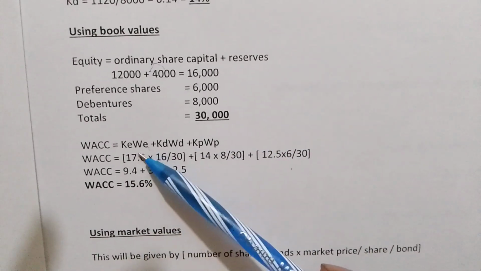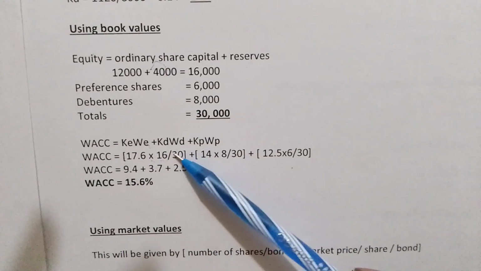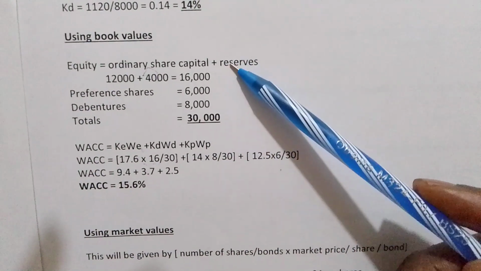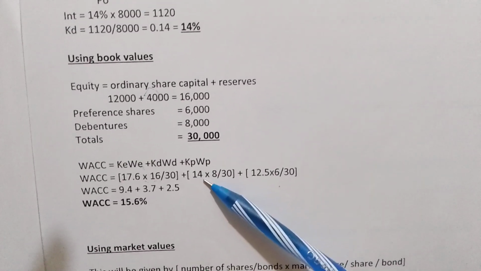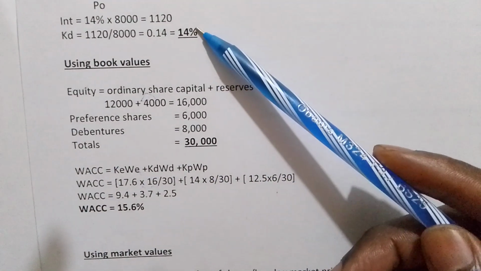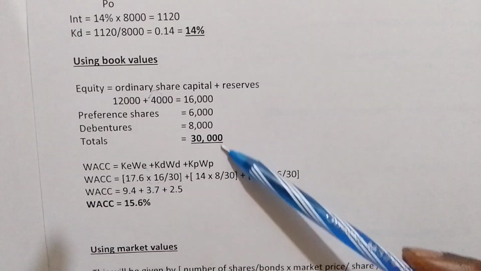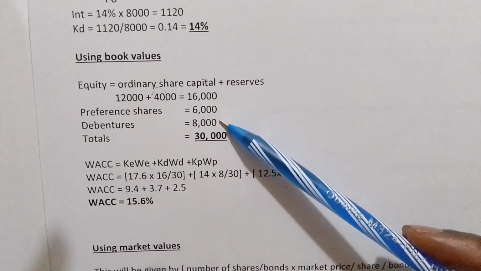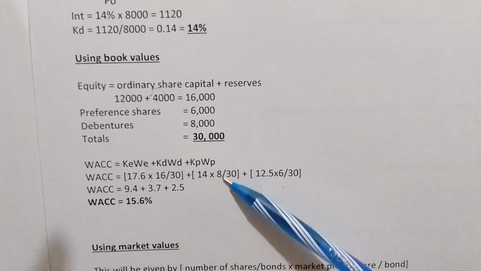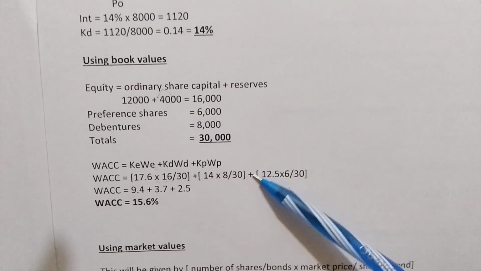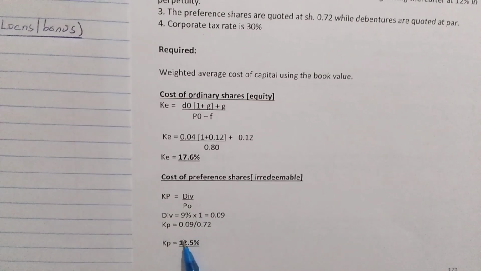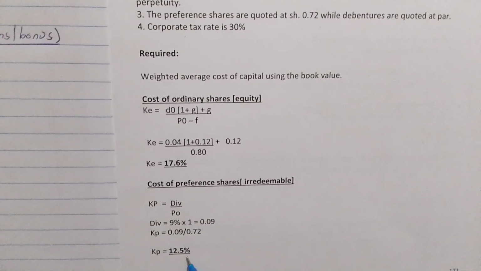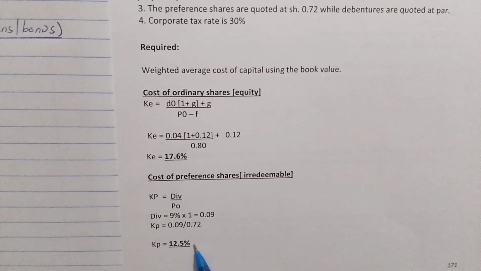So 17.6 times 16 over 30. 16 is this one. Plus KD times weight of debt. KD, cost of debt, we got 14. You multiply by debt, 8,000 over the total, 30,000. You plus preference shares, cost of preference shares, we got 12.5.